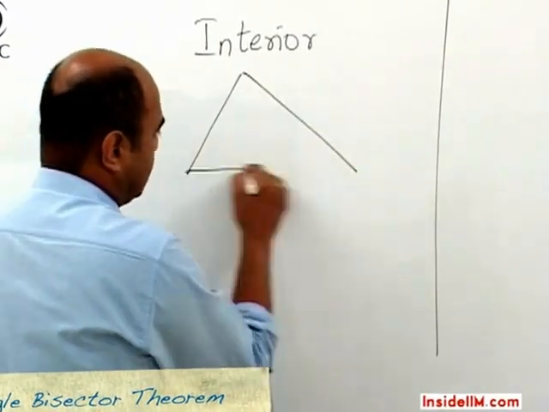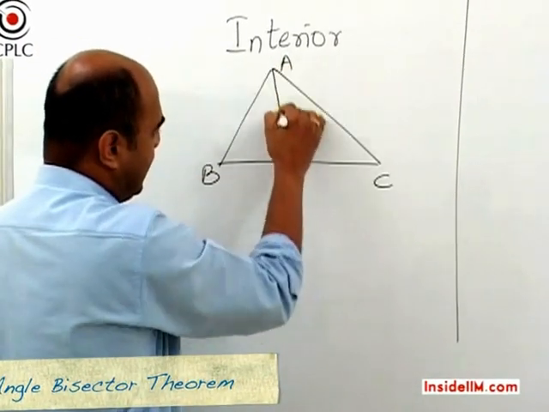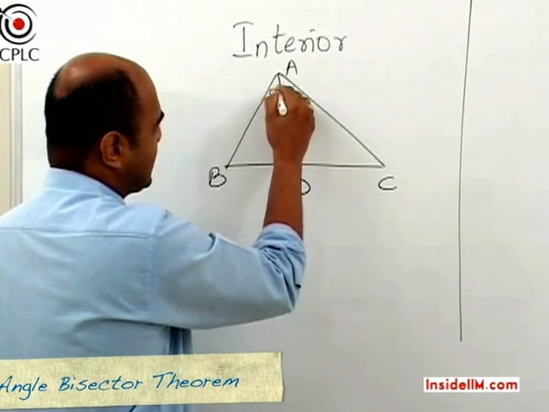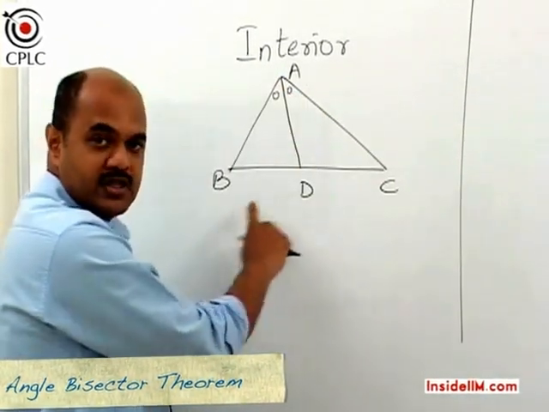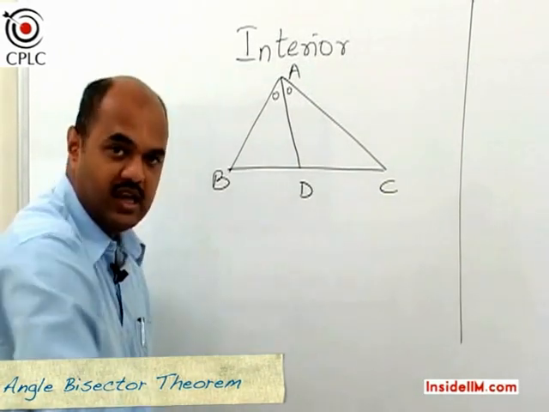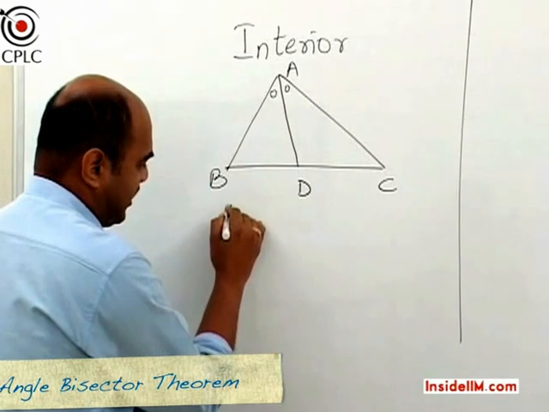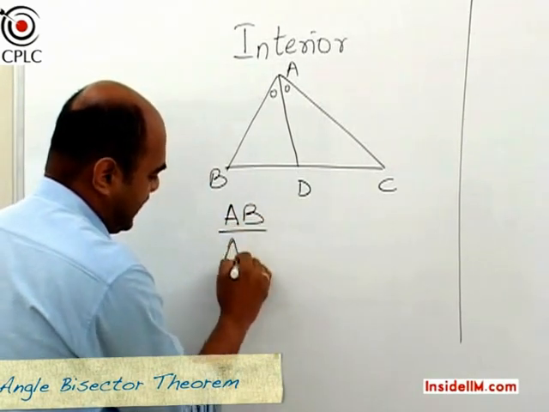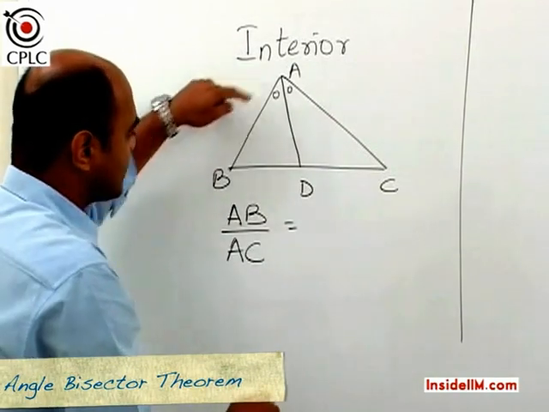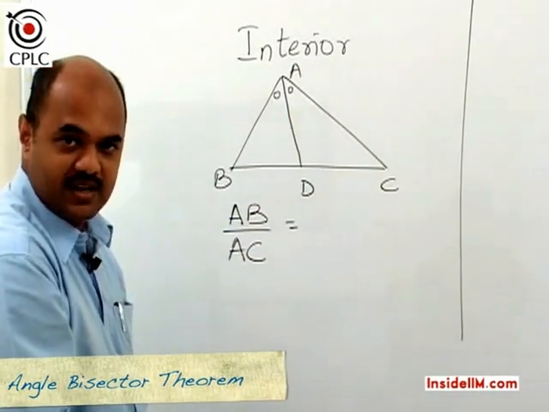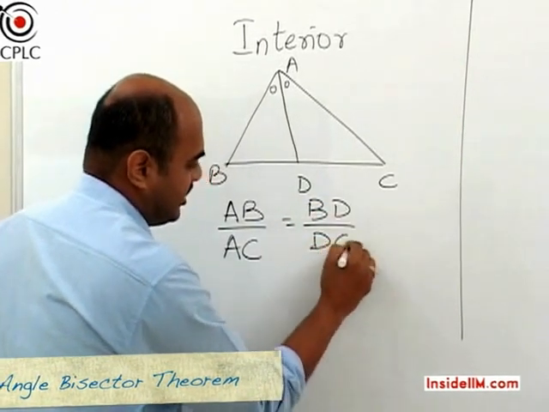If I have a triangle ABC, and if interior angle A is being bisected and the angle bisector meets the opposite side BC at point D, then the interior angle bisector theorem states that AB upon AC, which is nothing but the ratio of the two sides of the angle being bisected, would be equal to BD upon DC.